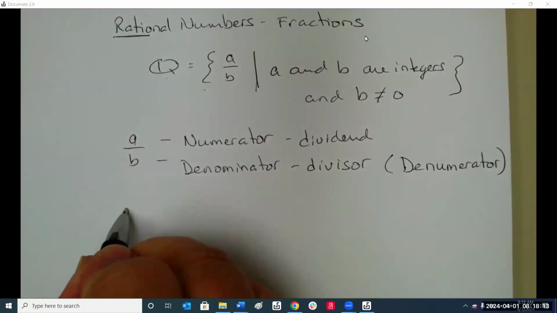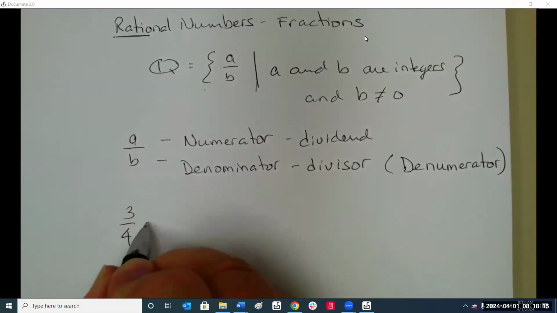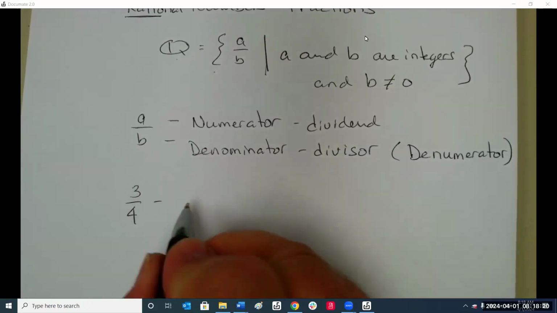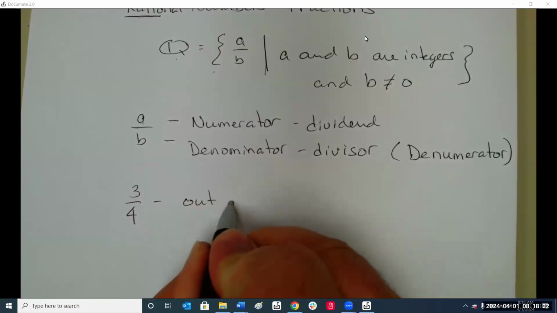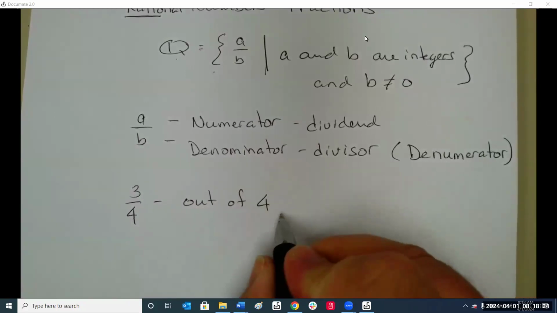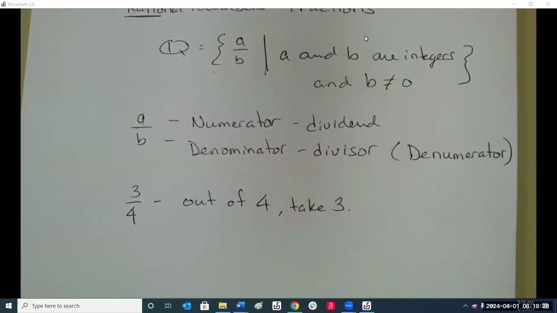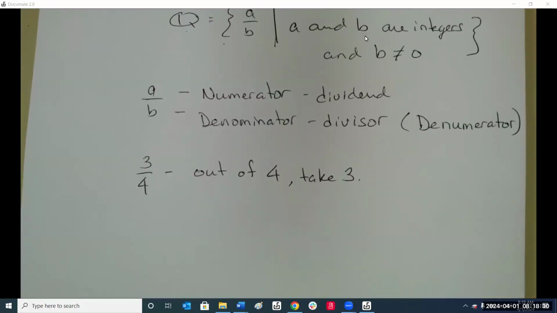For example, in Chinese, what this thing means is out of 4, take 3. That makes a little bit more sense than 3 divided by 4. I see, we aren't the top of the world when it comes to fractions.